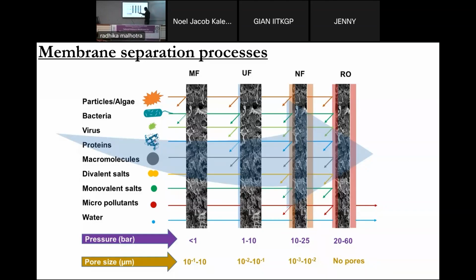They can be rejected, but partially they can pass through nanofiltration. Some of the micropollutants can be rejected 100%, but some can pass even through the reverse osmosis process. This is what I was explaining in the beginning. Even if you do reverse osmosis, some of the micropollutants won't get rejected.